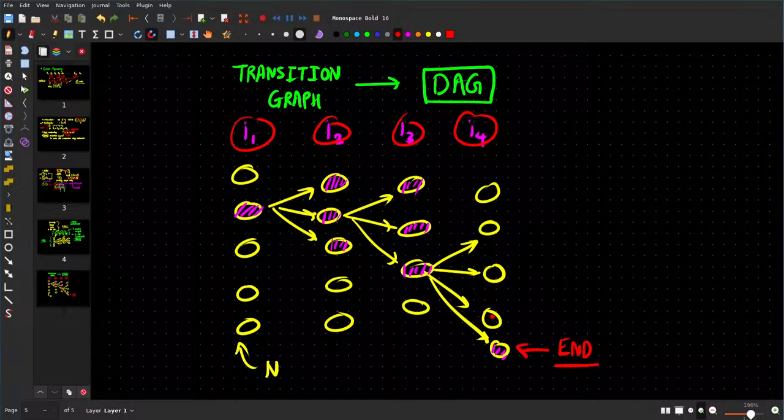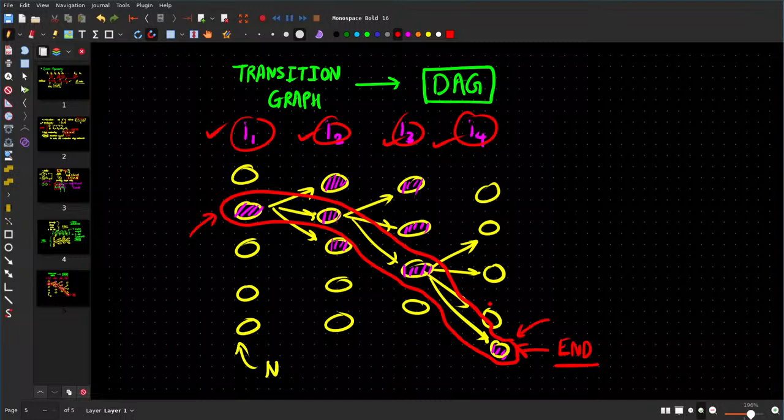And if you trace back, this will be the values that we have given to I1, I2 and I3. And you can see that this is one path from this node to this node.